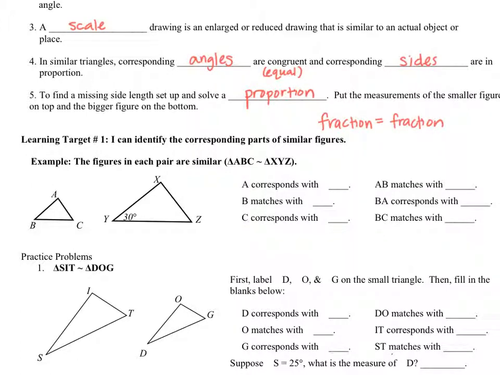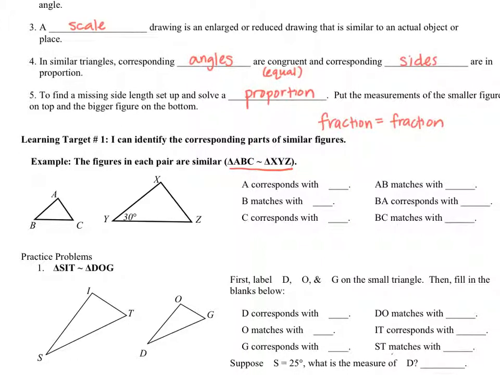All right, as you can see, we have two triangles, ABC and XYZ. They are similar. So you'll see this is a similarity statement. And that reads, triangle ABC is similar to triangle XYZ. Right, that's our math statement.